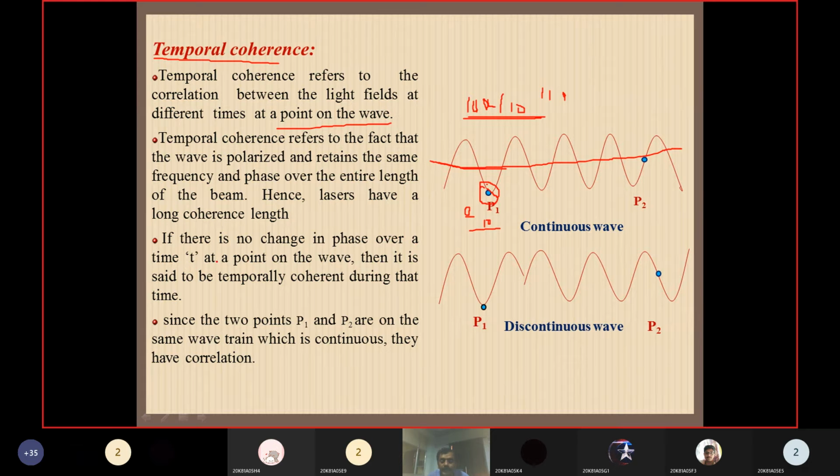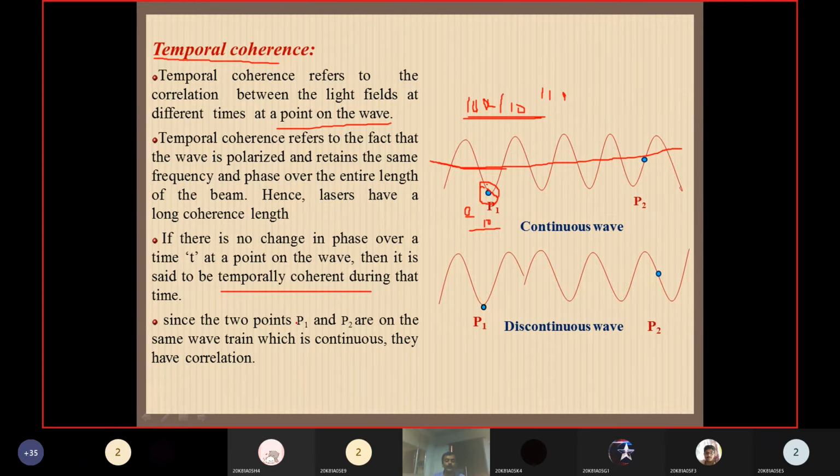Up to 10 seconds there is no change of phase at a point, then it is said to be temporally coherent. So we can say this wave is temporally coherent up to 10 seconds. This is about temporal coherence.